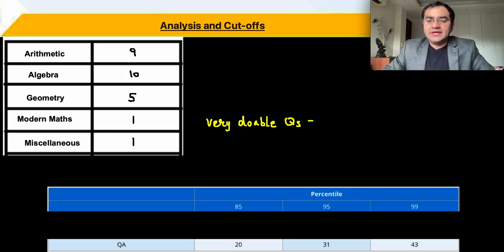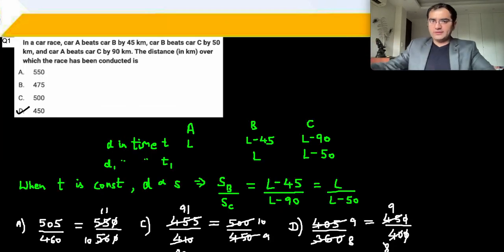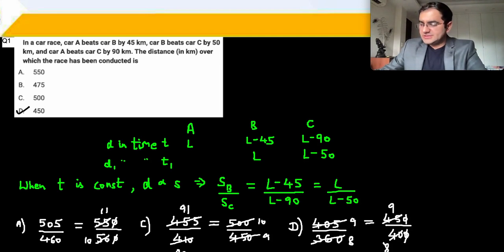And so even to have an average performance, often you need to be a stellar student with a stellar performance. Okay, so let me try to point out for you the very, very doable questions.